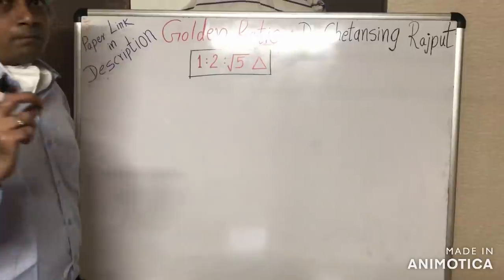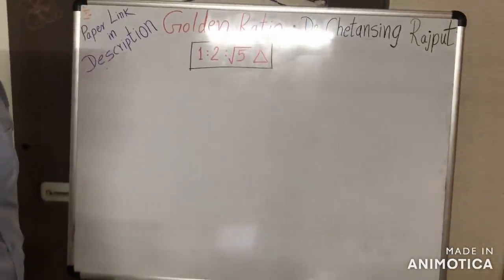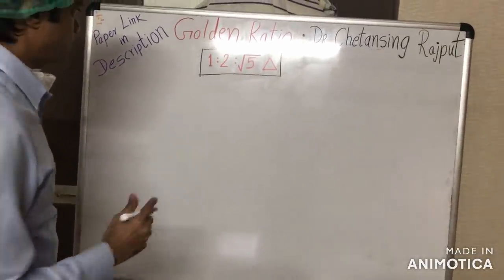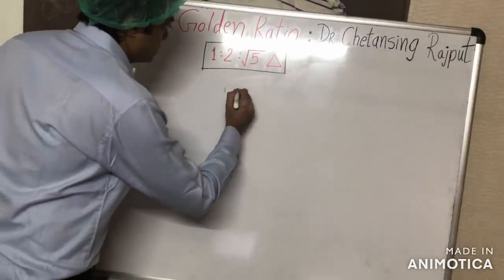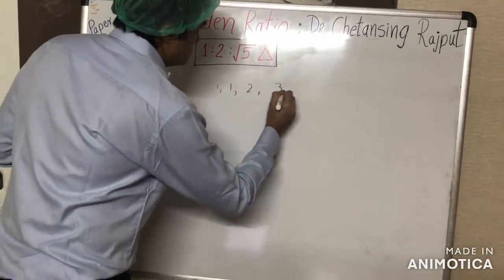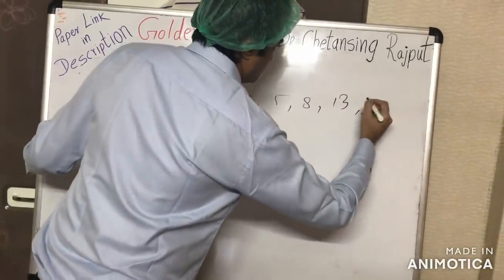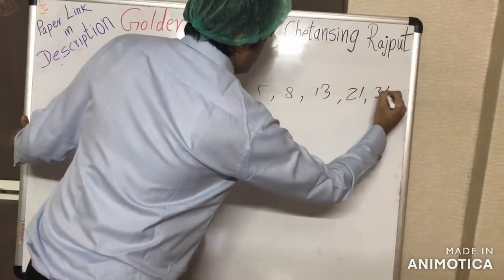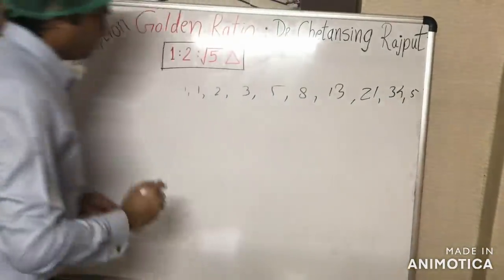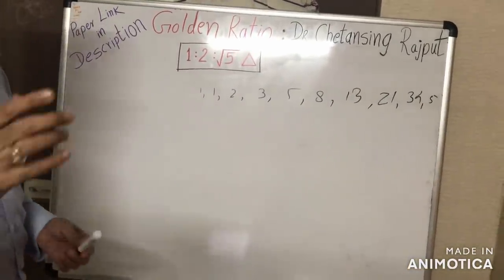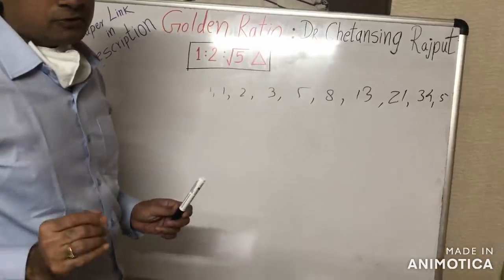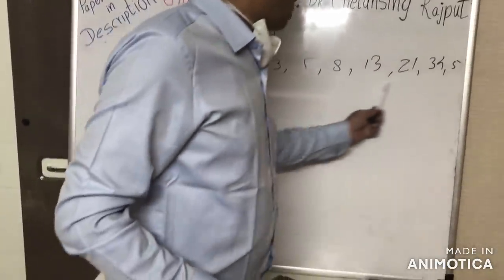We can generate Pythagorean triples using the Fibonacci sequence. Like the Fibonacci sequence is 1, 1, 2, 3, 5, 8, 13, 21, 34, 55 and so on. We can generate a sequence of Pythagorean triples using this Fibonacci series.